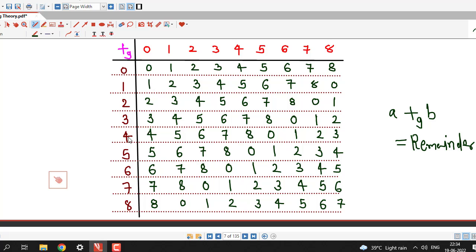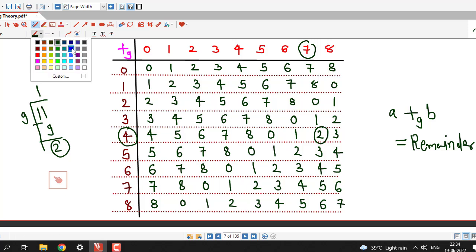For example, if I am interested in 4 plus 7, 4 plus 7 is 11, so I divide 11 by 9 and I obtain 2 as the remainder. So here I have written 2. This is how we have prepared this composition table.